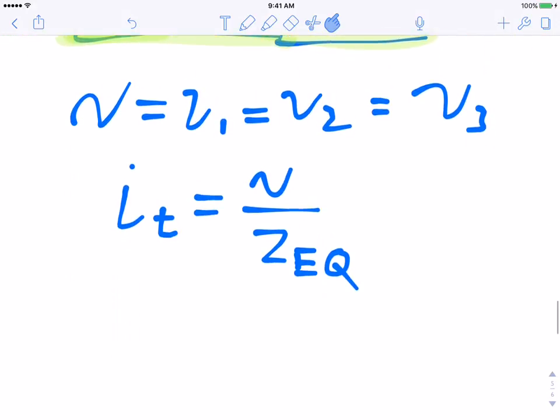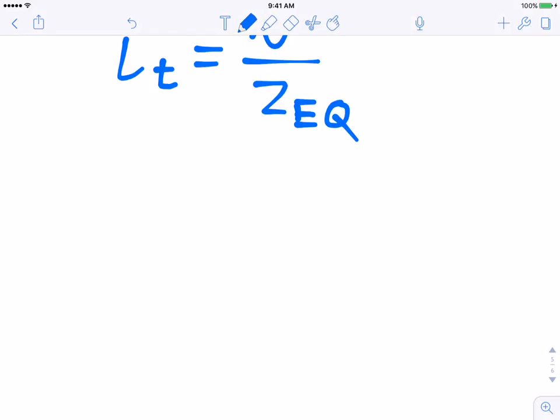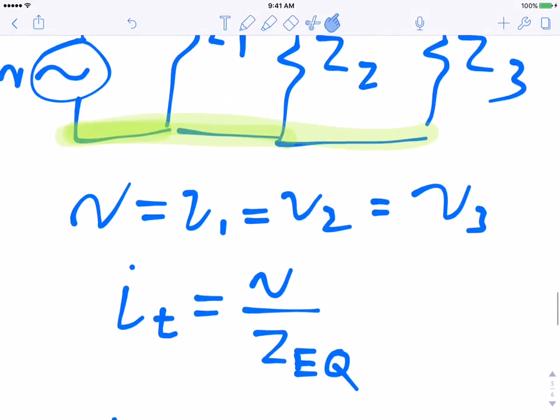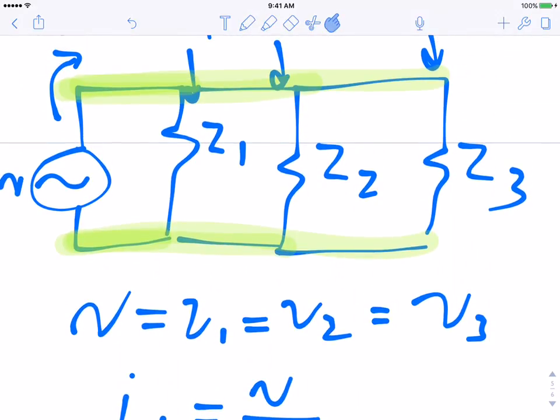So now we have IT. Now how do we calculate, say, I1? Well, I1 is just IT times Z1 over Z equivalent. So that's how you do a current divider.